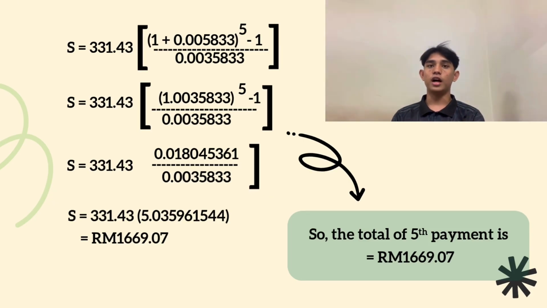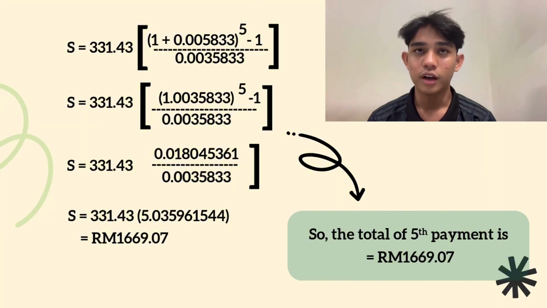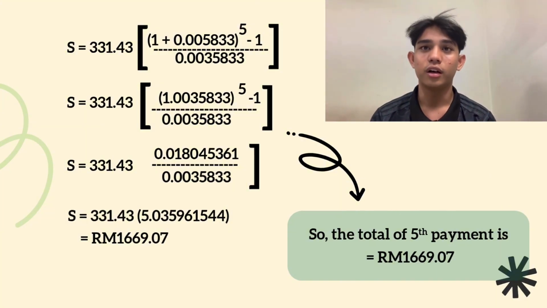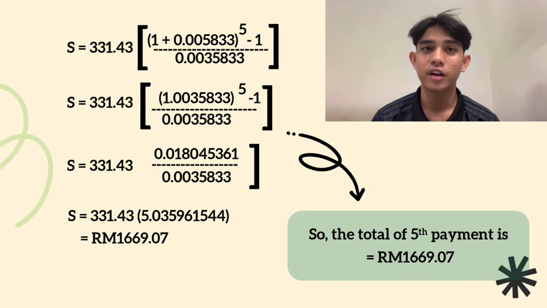This is the i that we found the first time. Calculating with the calculator, we get 331.43 multiplied by 5.0359.